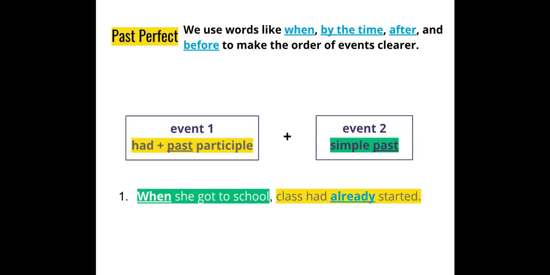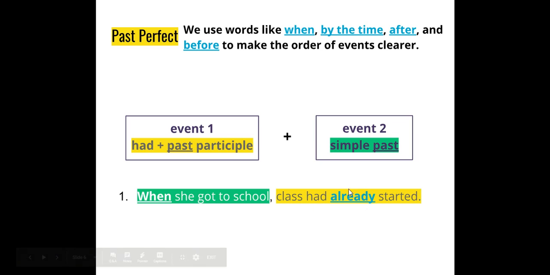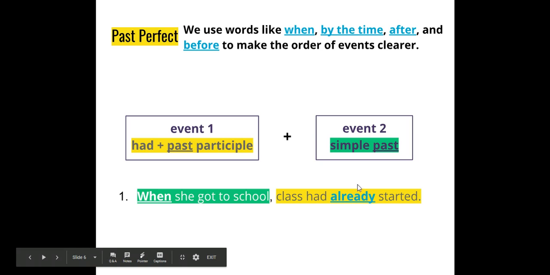When she got to school, class had already started. What happened first? Had started. This already helps us see that class started, then she got to school. She was late.